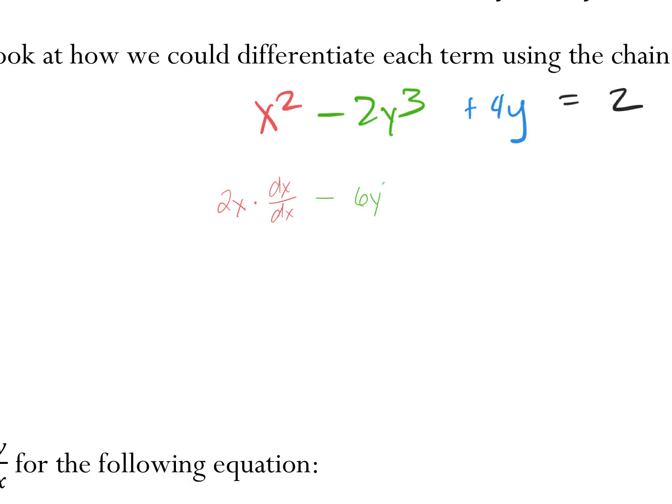Now, what about the derivative of 2y cubed? It would be 6y squared, but because I took the derivative of a y term with respect to x, that would be 6y squared times dy dx. Plus the derivative of 4y would be 4 dy dx. And what about the derivative of 2? 0.